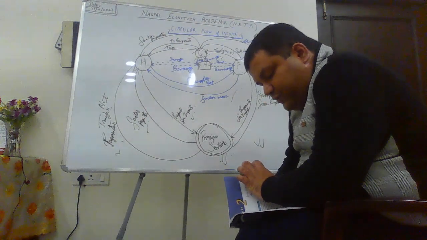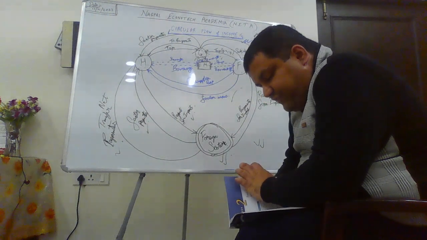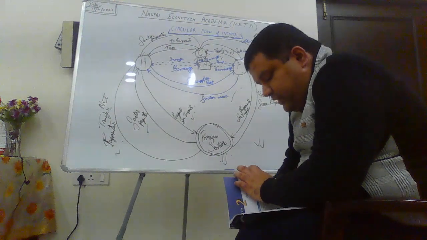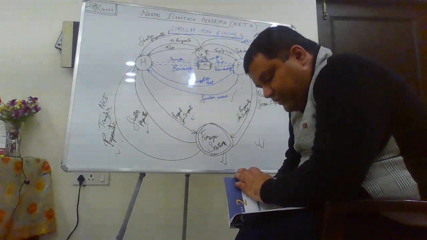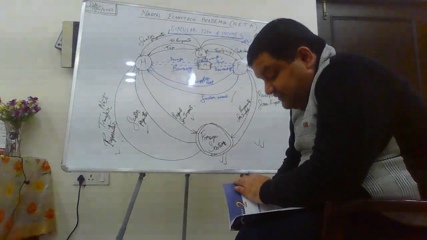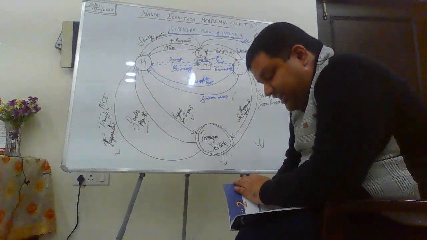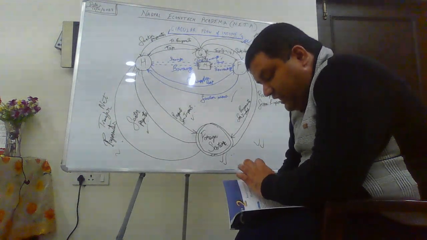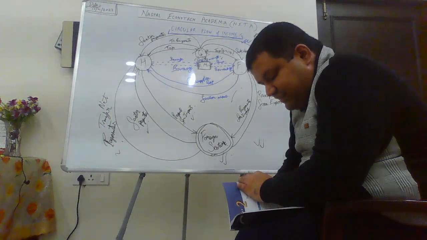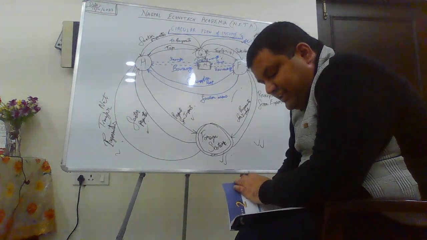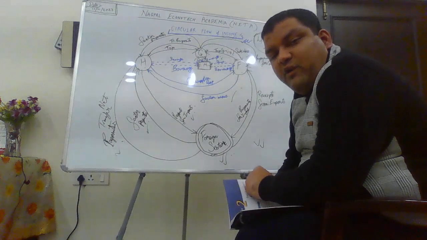The leakage or withdrawal refers to that part of income which does not pass through the circular flow of income. As a result, it is not available for spending on the currently produced goods and services. It means leakages reduce the flow of income.